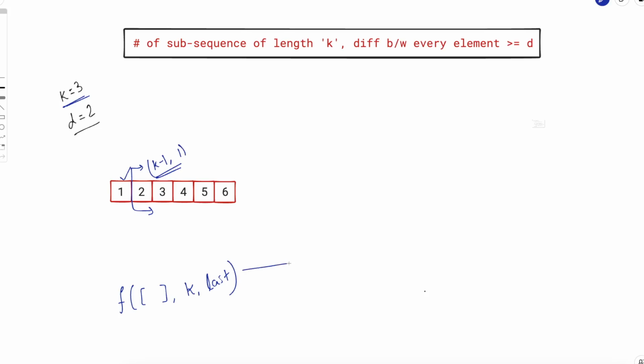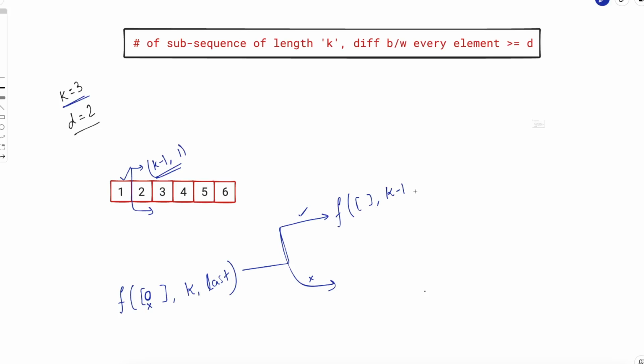So here you will do two things. Again, you will only care about the first element of this array. Either you will take it or you will not take it. If you take it, the number of elements in the new array is reduced by 1, so this element will not be there in the new array, and you will take only k minus 1 extra elements because you have taken one element already.